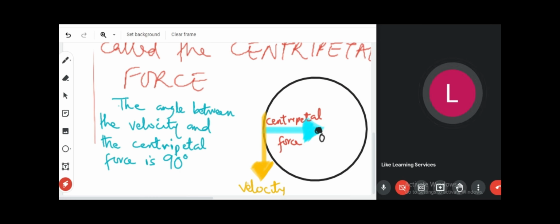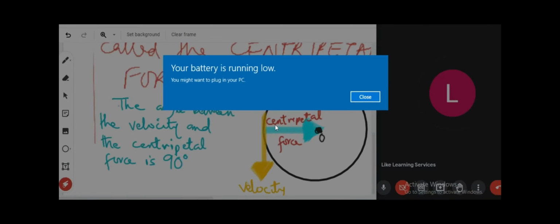In this case, it is actually provided by what we call the electrostatic force. That centripetal force is provided by the electrostatic force of attraction between the nucleus and the electron. We will do that when you get to static electricity or nuclear physics. There's a force of attraction between the nucleus and the electron.